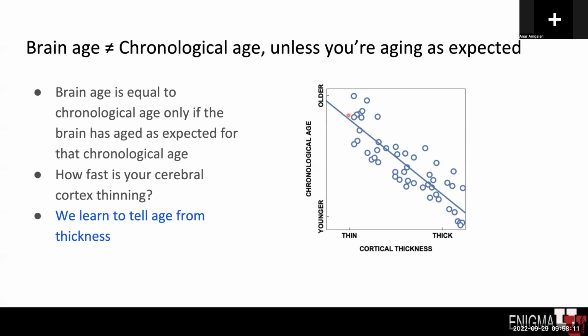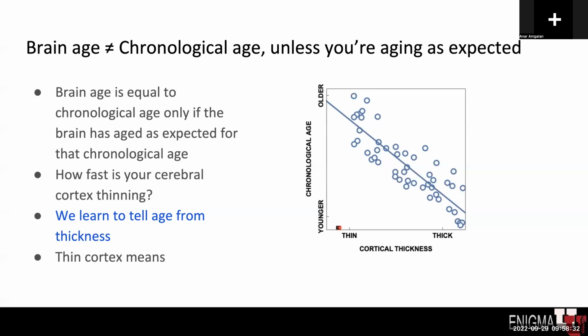Now, let's take an example. Here in the black rectangle we have data giving essentially the cortical thickness of the person. This person's cortical thickness happens to be very low. It's a very thin cortex.